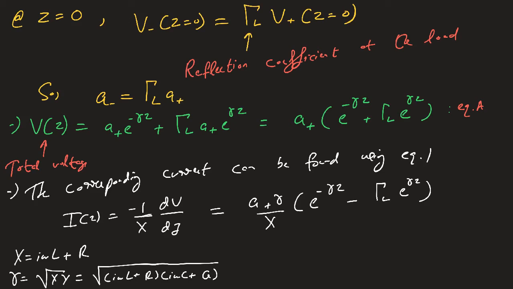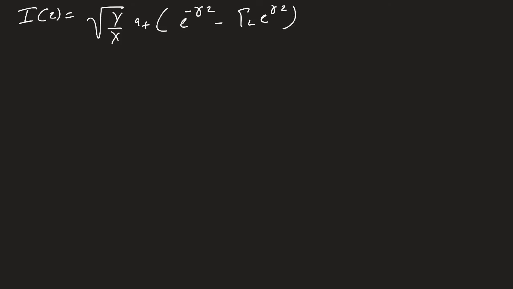So I of z becomes equal to the square root of y over x a plus times e to the minus gamma z minus capital gamma L e to the positive gamma z.